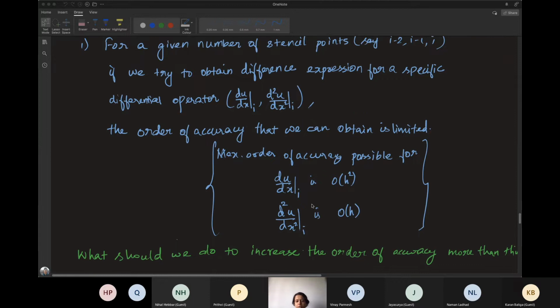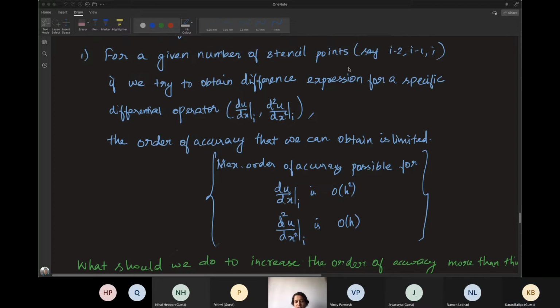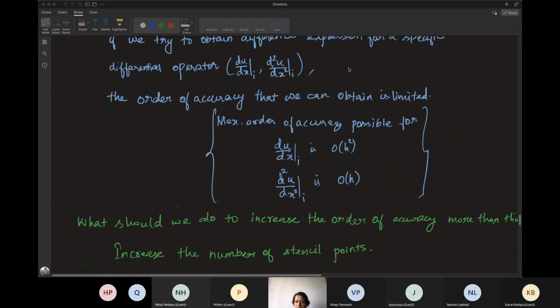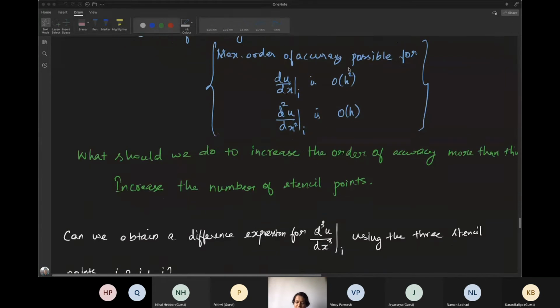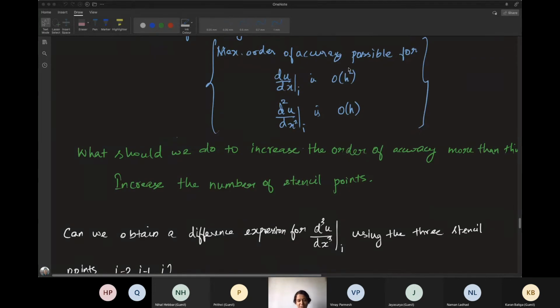Now with this way you cannot further improve the order of accuracy. Then what other way do you have to improve the order of accuracy? We can consider more points. Yeah. So instead of just the 3 points, you can add in more points to improve the order of accuracy. So that is the only possible way.